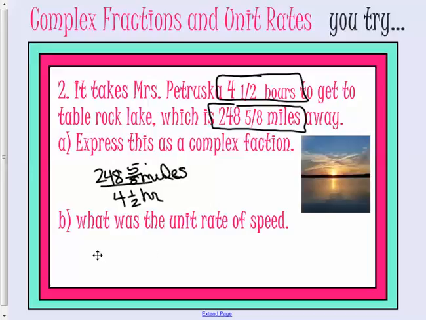So if we wanted the unit rate of speed, we would take 248 and 5/8 in our calculator, and we would divide it by 4.5, which gives us 55 and 1/4 miles per hour.